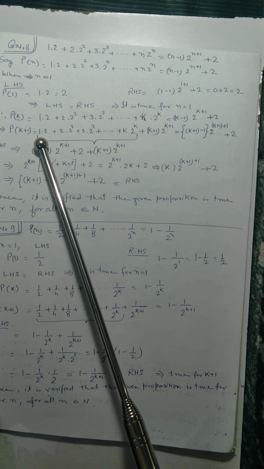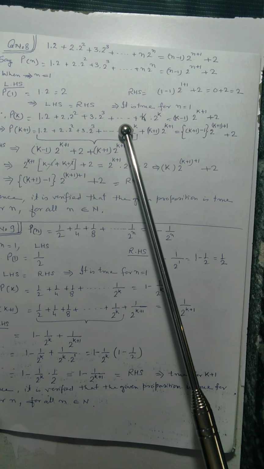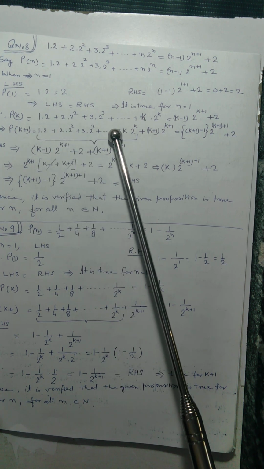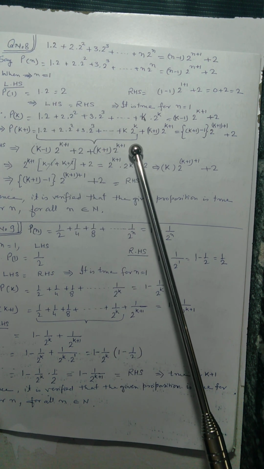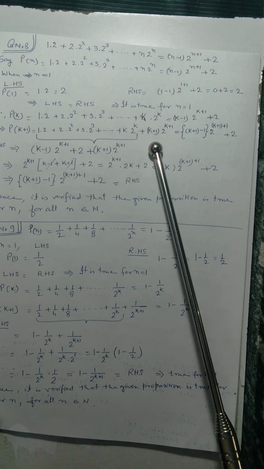Now if it is true for k, let us prove that the proposition is true for k plus 1. So what you do is write down all the steps of Pk and add one more term, that is the (k plus 1) term.